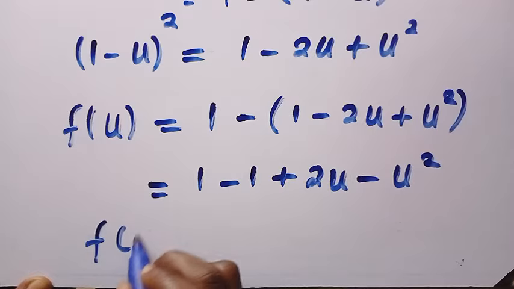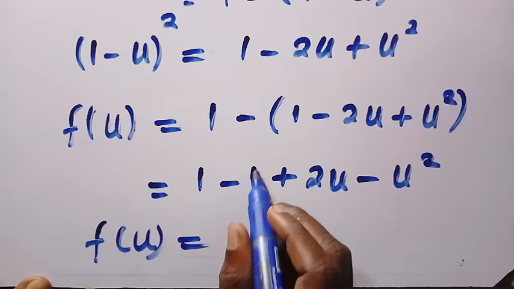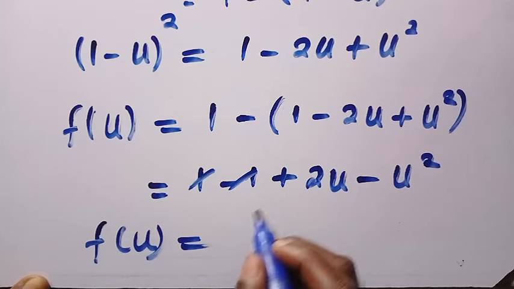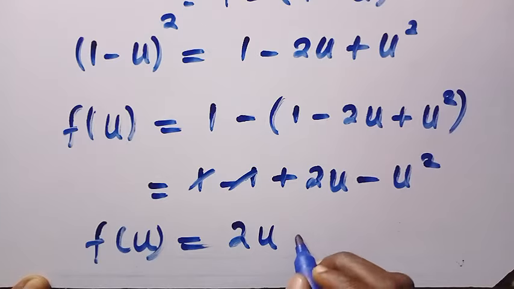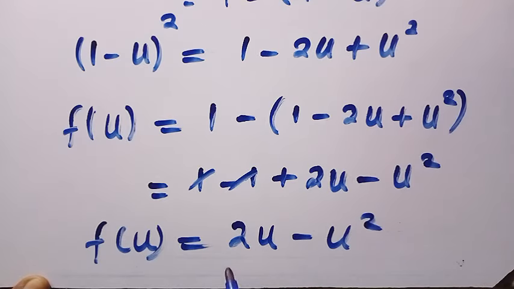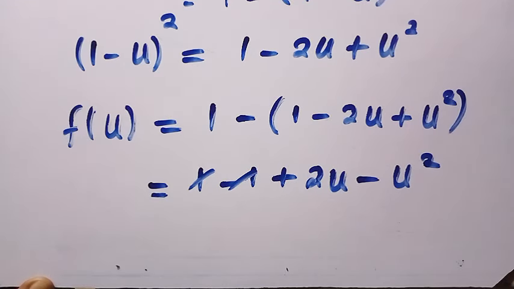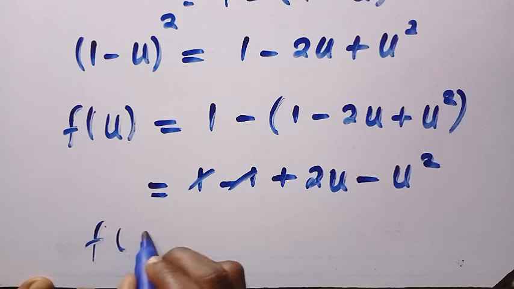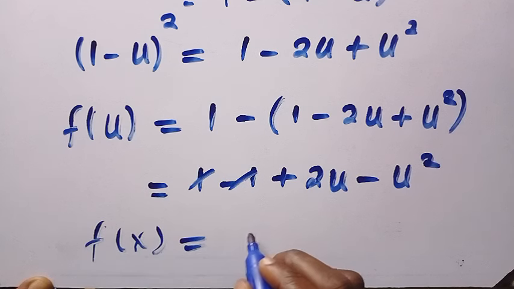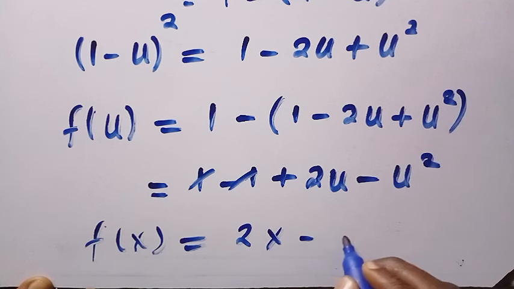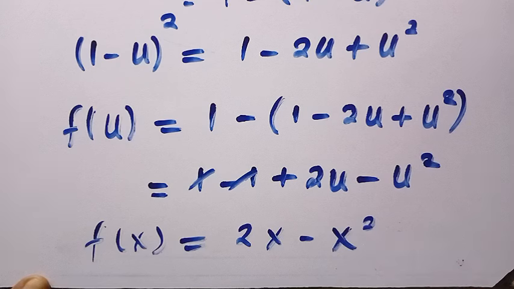Then f of u equals 1 minus 1 cancelled, which gives us 2u minus u squared. By replacing every u with x, we have f of x equals 2x minus x squared. This is the final answer for f of x.